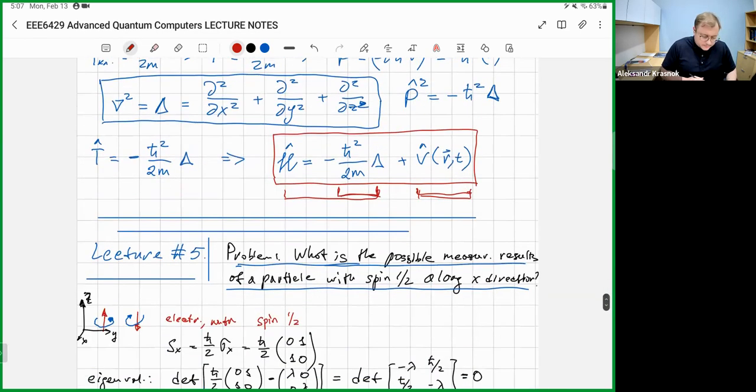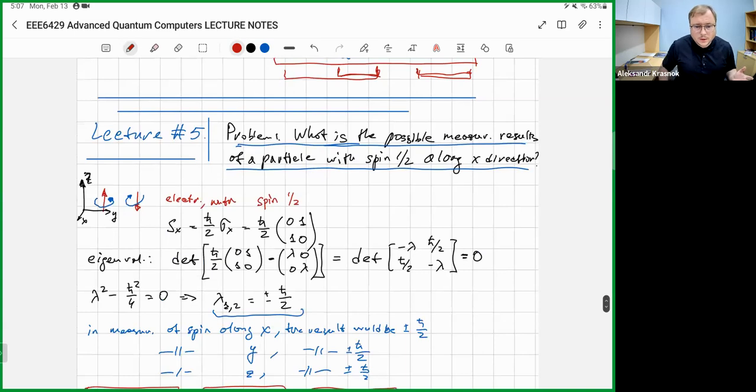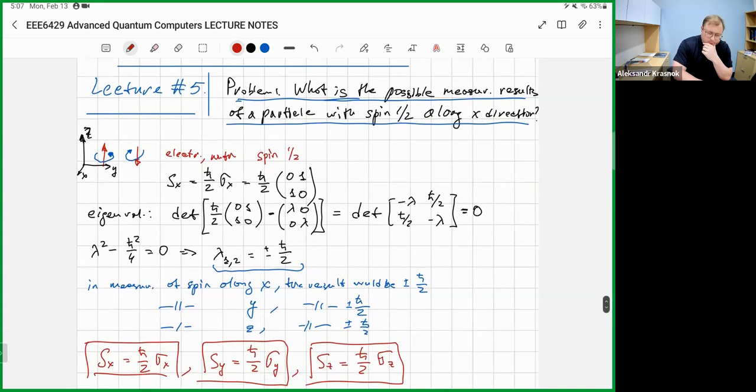So basically, you can use any representation, any basis that belongs to the Hermitian operator to describe your system. And usually we work in either energy representation or coordinate representation or something like that.